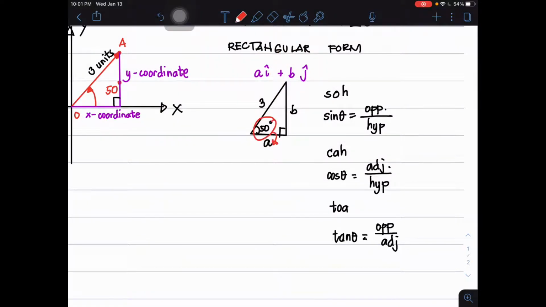We have the hypotenuse side and we have the angle theta, therefore we can make use of cosine. Cosine 50 degrees is equivalent to adjacent side, that's A, over 3 units as the hypotenuse. We cross multiply, and side A is equivalent to 3 cosine 50 degrees.